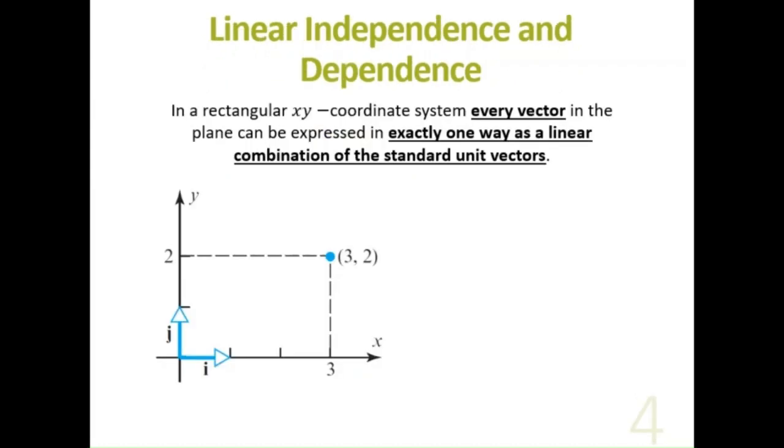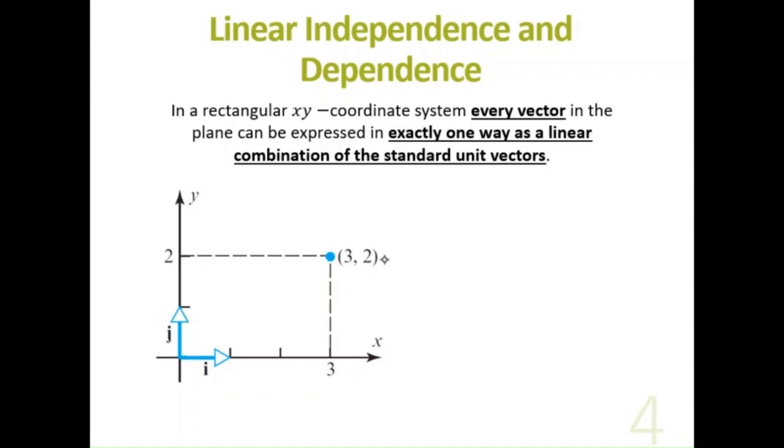So we have visited this concept before, but if you have a rectangular xy coordinate system, every vector in the plane can be expressed in exactly one way as a linear combination of the standard unit vectors. So here we have standard unit vector i and standard unit vector j that are along the x and y axes.